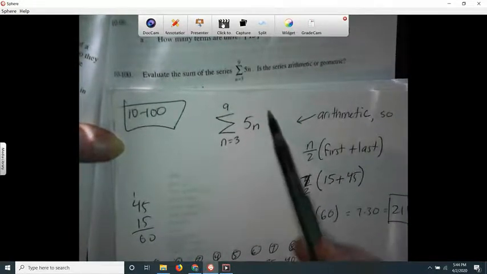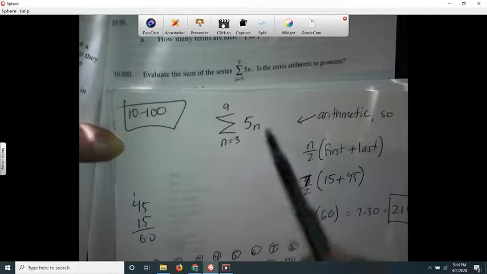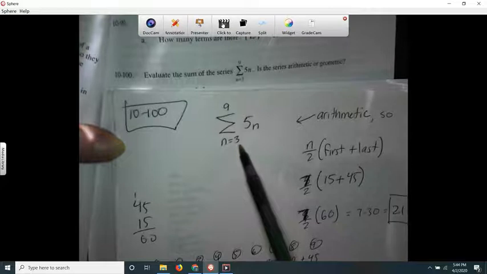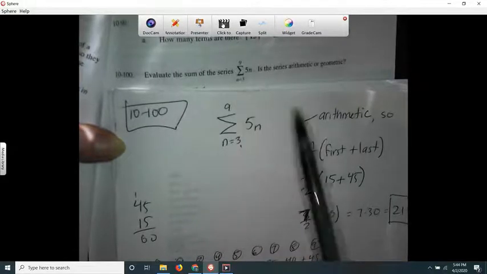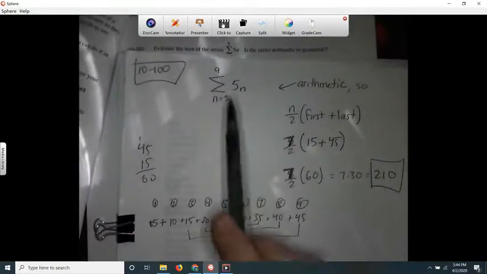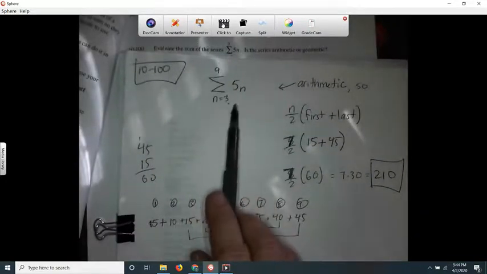Well, anyway, it's arithmetic because this is linear. If this were a function, it would be a linear function. But it's a little tricky because it started at 3 and went to 9, so I kind of messed it up, because I wasn't paying attention to these numbers down here.